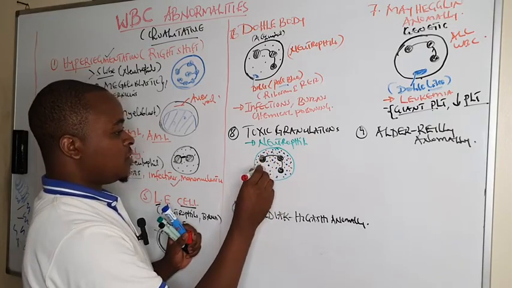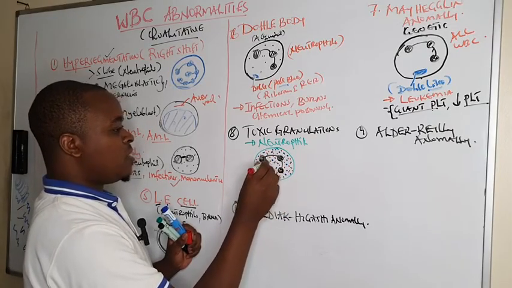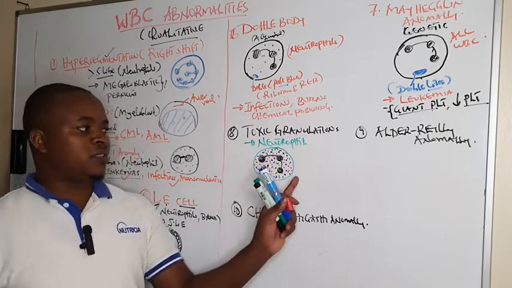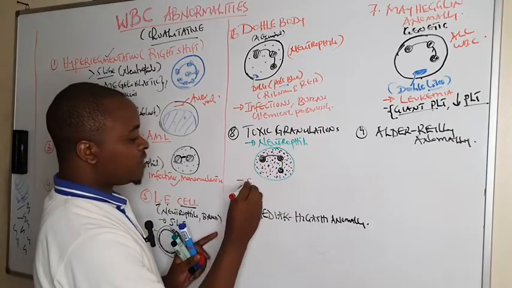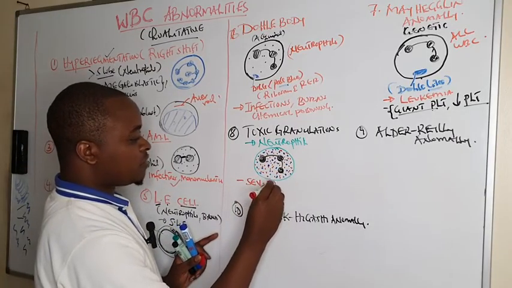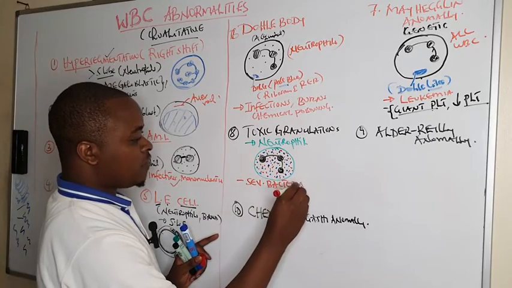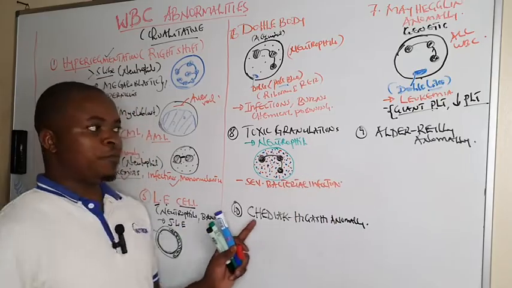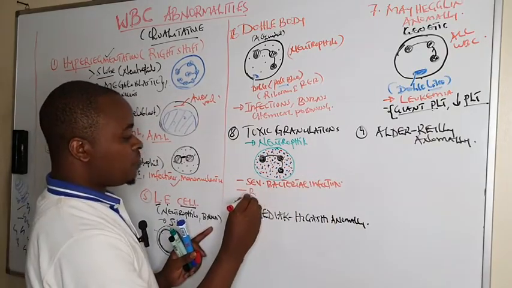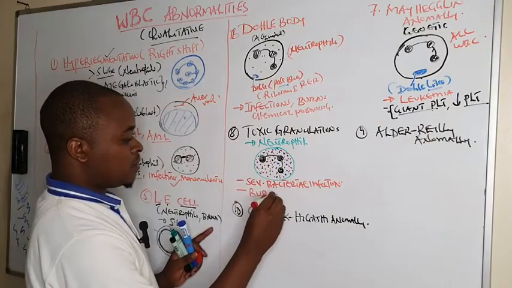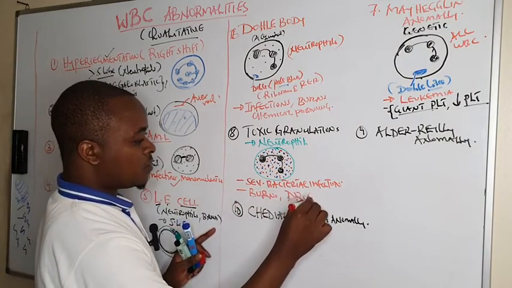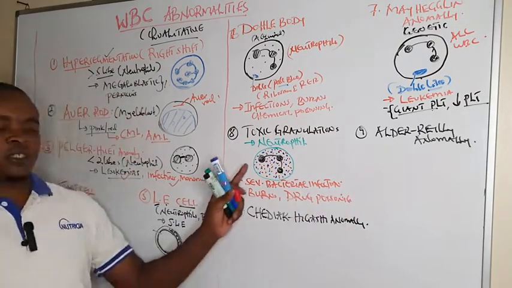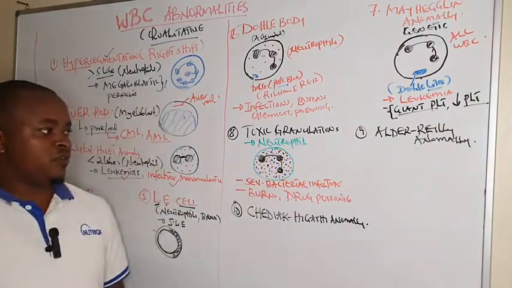If you find this, it implies someone might have a severe bacterial infection. Someone with a severe bacterial infection or any other infection, people with burns and drug poisoning. These are the conditions where you find toxic granulations in neutrophils.